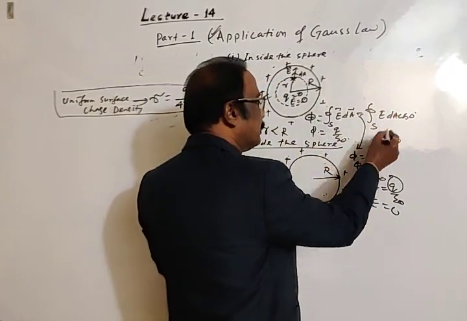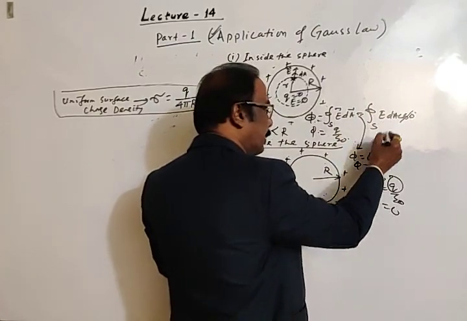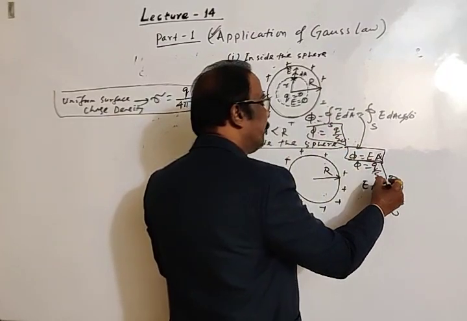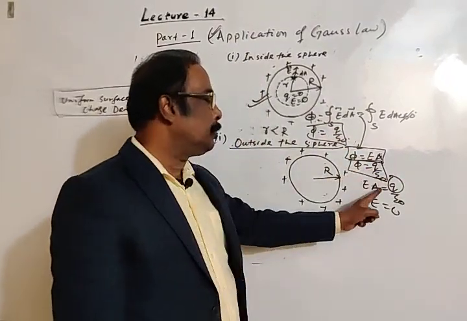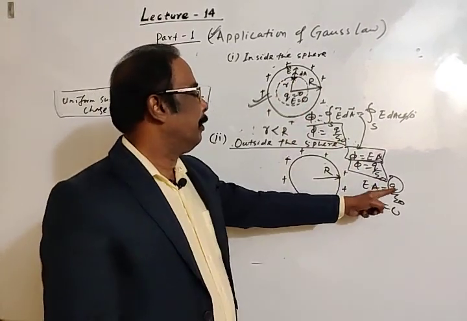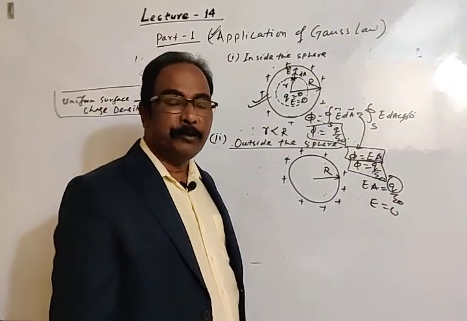So flux is equal to E, cos 0 is 1, integration of dA is A, so flux is EA. Again flux is Q divided by epsilon naught, so EA is equal to Q divided by epsilon naught. Inside the body, charge is 0, so EA is 0, meaning the electric field is 0.